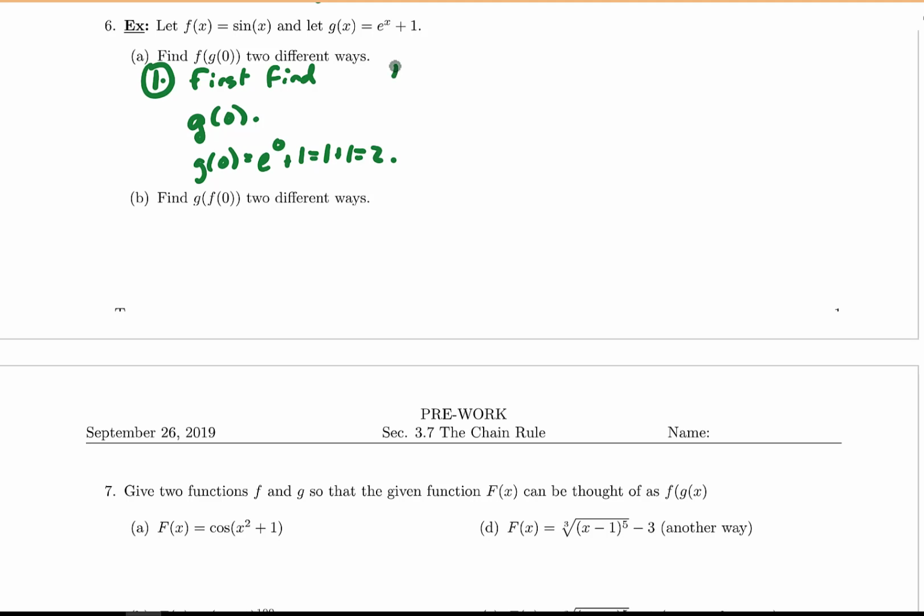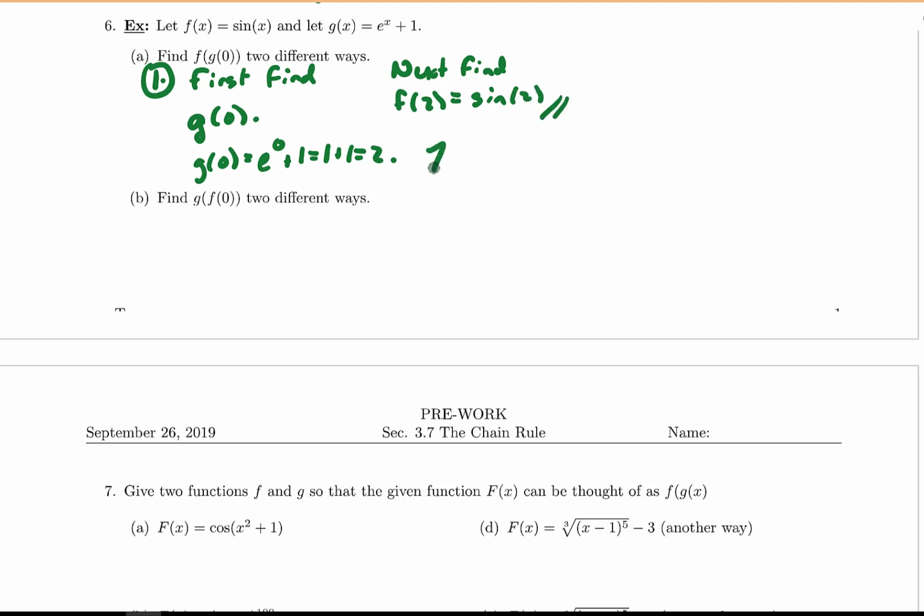Okay. Then next, find f of 2. So we took the domain value 0, we plugged it into g, and it outputted a 2. And then we're going to plug 2 into the function f, which is the sine, so that would be the sine of 2, and we'll just leave it there.